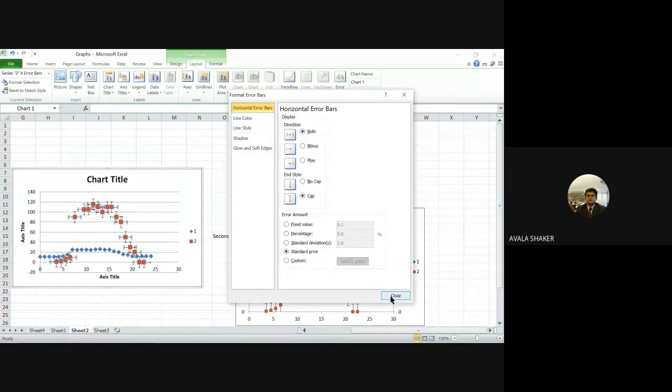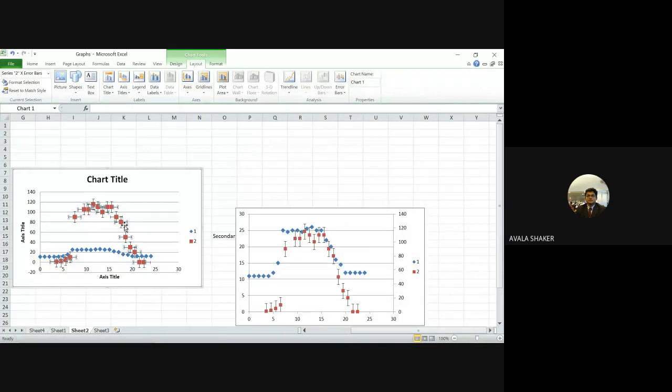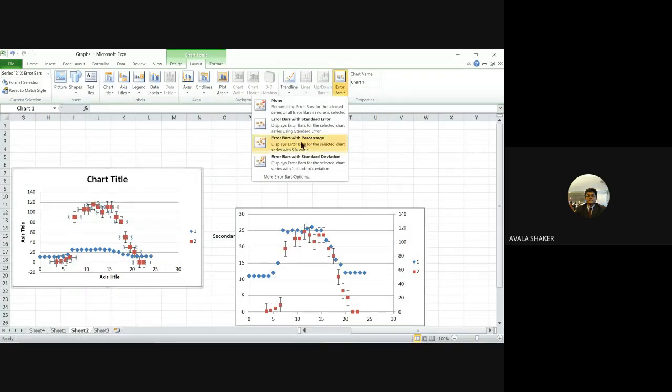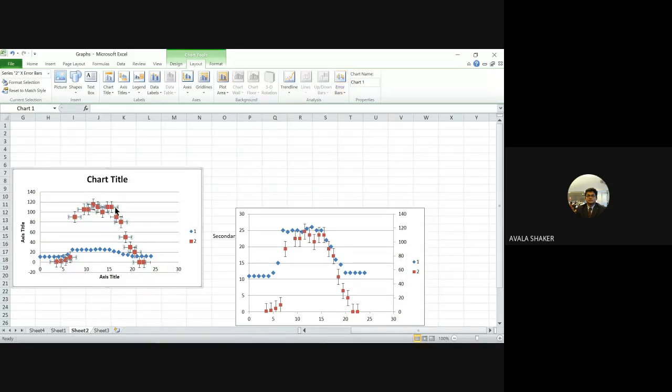Okay, so you can choose how the error bars look from more error bar options. Okay, if you're not interested in the x bar, you can just delete this and then you will get only the y error bars.